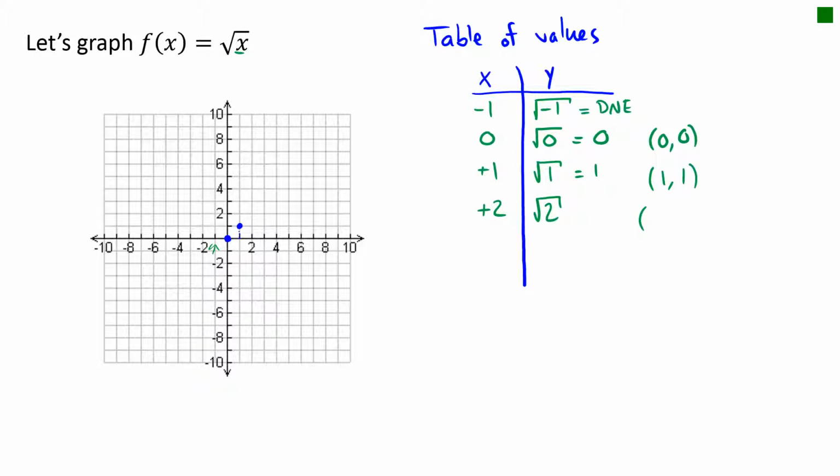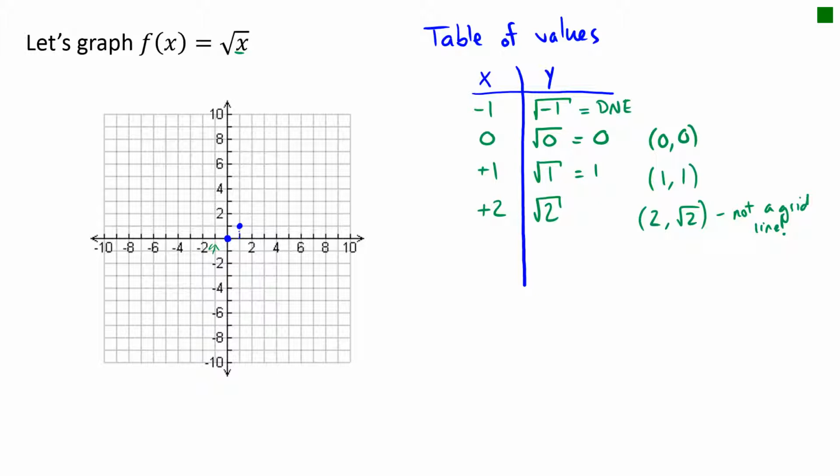So the point on the graph for x equals 2 has a y value of the square root of 2. But that's not on a grid line. Our grid lines land on integers. So this isn't a good point to choose to graph.